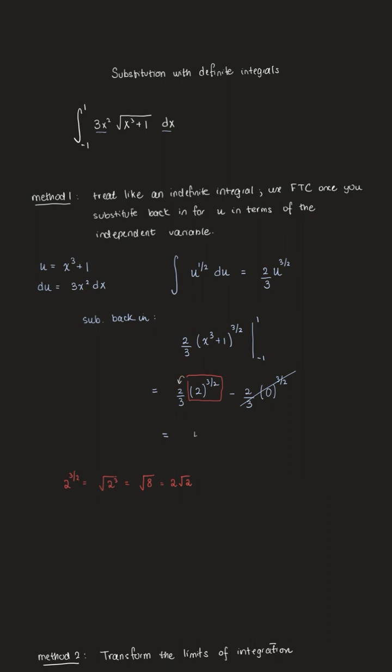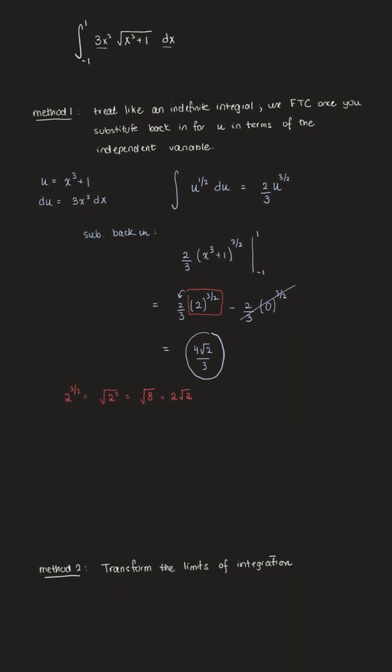So that's going to give us 4 root 2 over 3. And we have done our first definite integral with substitution. So notice that our method is really to follow what we were doing before with indefinite integrals. Do everything until you get to substituting back in place of u, and then you can use the fundamental theorem of calculus and plug in the limits of integration.